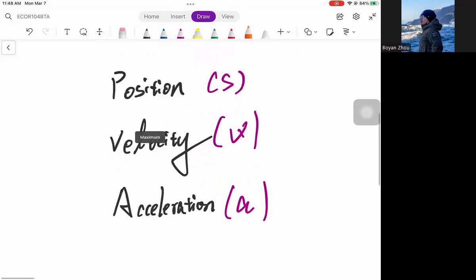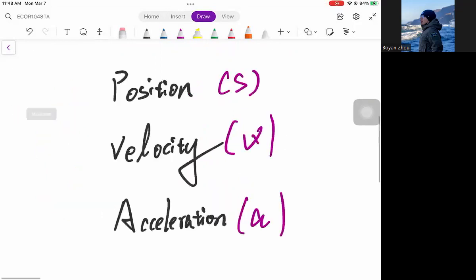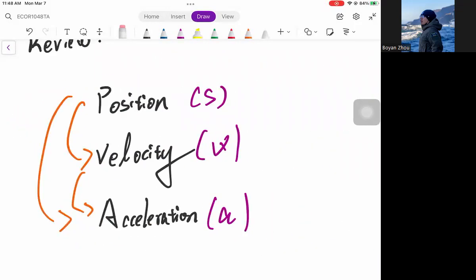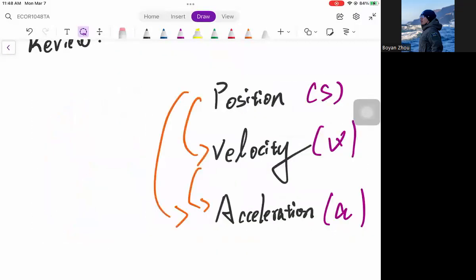Usually from position to velocity, from velocity to acceleration, and also from position to acceleration, we're gonna do the differentiation, like finding the derivative.